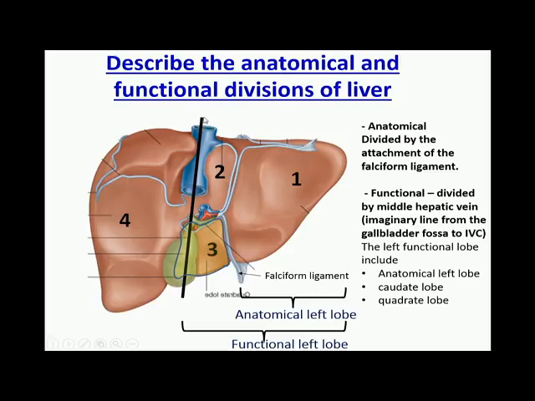If you draw a line there, you can see the quadrate lobe and the caudate lobe are originally in the right anatomical lobe, but they go into the left functional lobe. So the left functional lobe includes the left anatomical lobe plus the caudate and quadrate lobes. That is based on the blood supply.